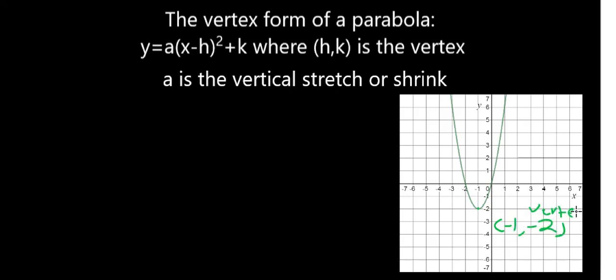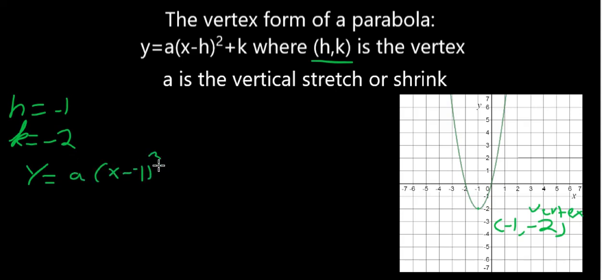Because h, k is the vertex, this tells me h equals negative 1 and k equals negative 2. I'm going to write that over here. k equals negative 2, which tells me our equation will look like y equals a times x minus negative 1 squared minus 2, which will become y equals a times x plus 1 squared minus 2.